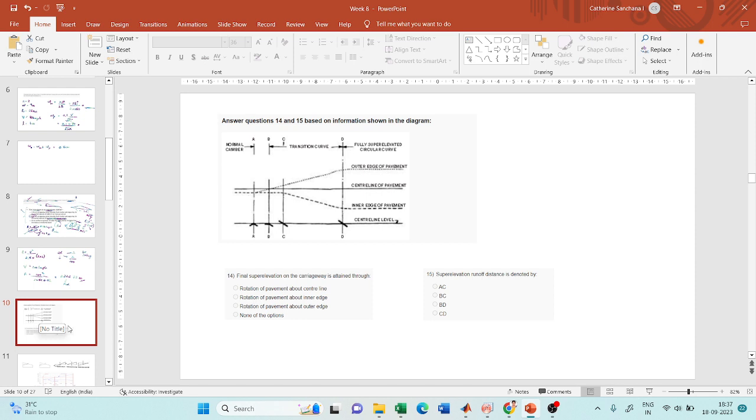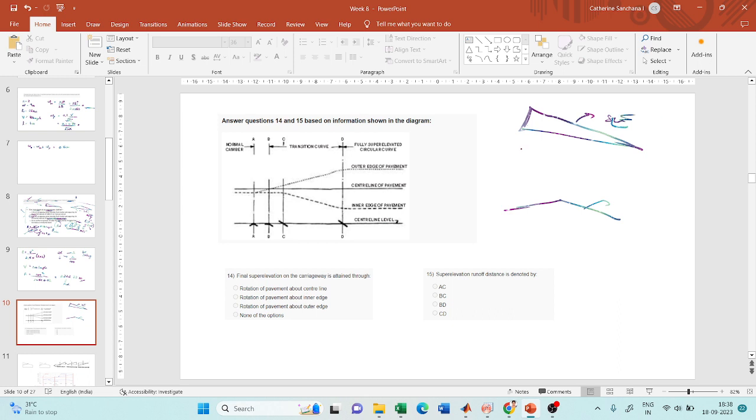Now, sorry, it's not the final question. This is regarding the attainment of super elevation. We saw that in a straight section, the cross section will be something like this, and we call this camber. In a horizontal curve, its cross section will be something like this, which we call super elevation, right?